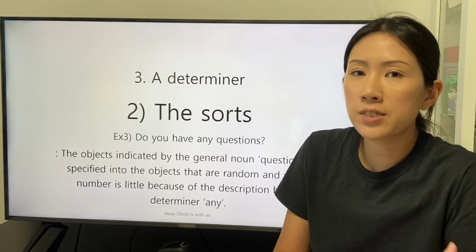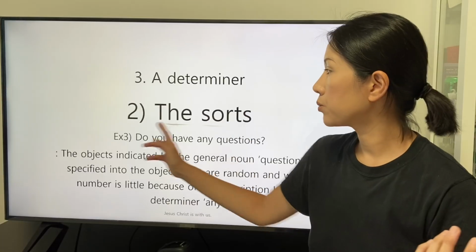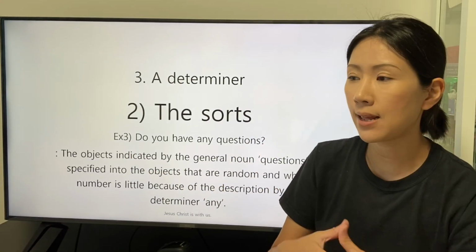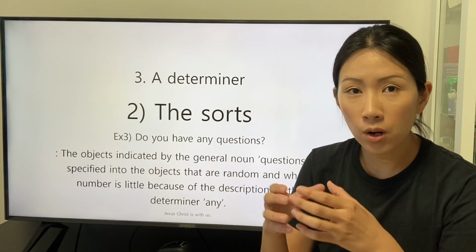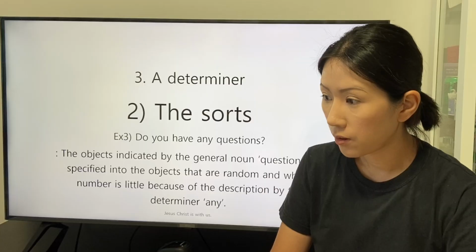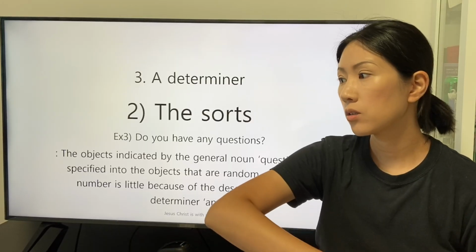We can also understand that the speaker who states this interrogative clause sets the premise that the number of the objects from the listeners is little.